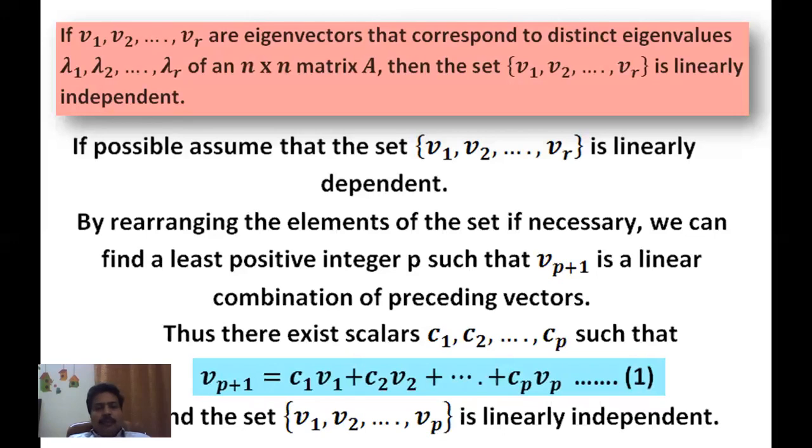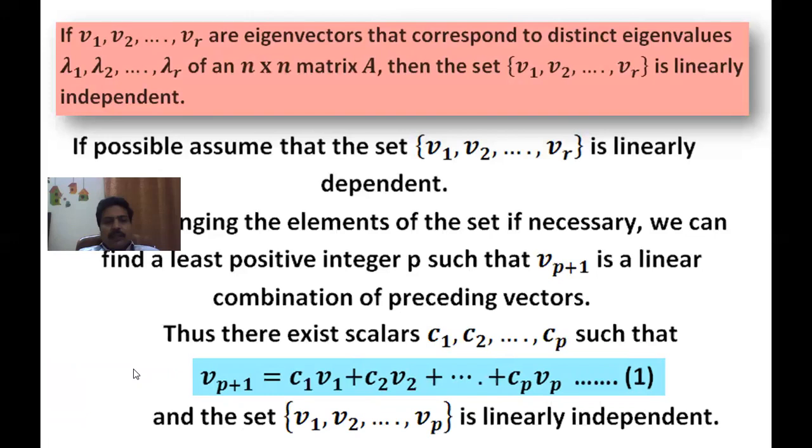Since V(p+1) is the first vector which can be expressed as a linear combination of the preceding vectors, we can say that the preceding vectors are linearly independent, since they cannot be expressed as a linear combination of the other preceding vectors.